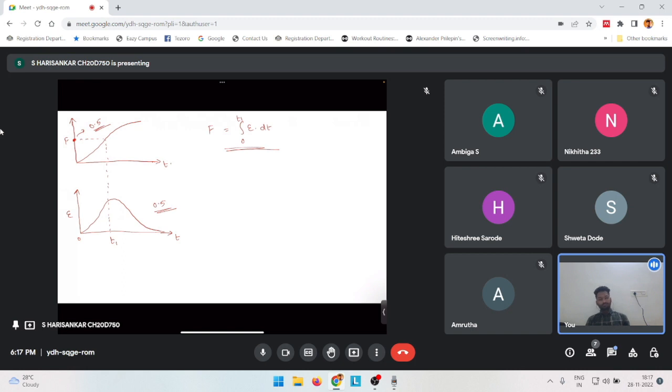Now the reverse of this is basically E will be dF by dt, right? So this F will be the fraction of material leaving the reactor at time t1.